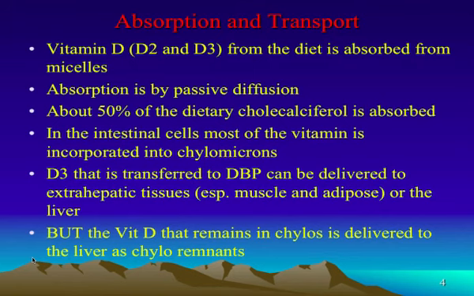Overall, I'd say about half of dietary cholecalciferol and ergocalciferol, so D3 and D2, is absorbed. There's no absorption difference between D2 and D3. Now, in the intestinal cells, most of the vitamin is incorporated into chylomicrons. So it goes from mixed micelles into the enterocyte, into chylomicrons.